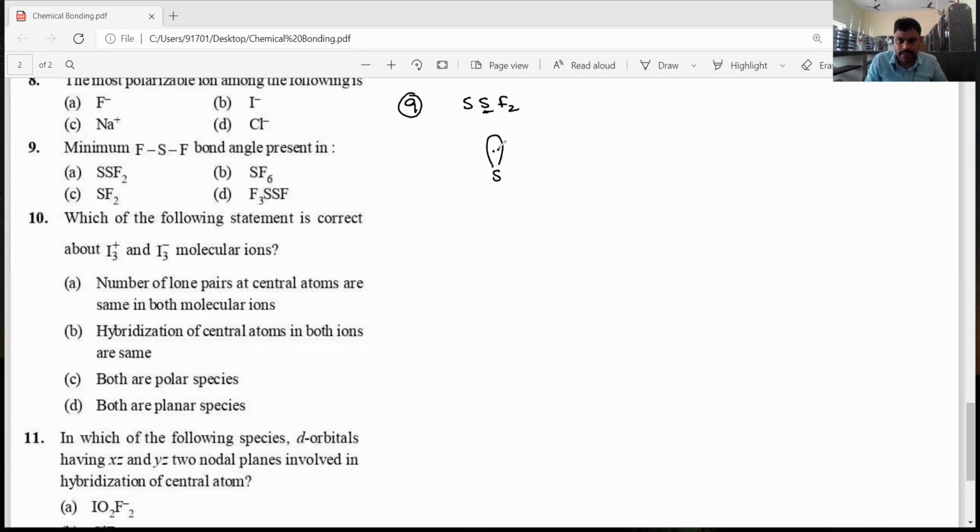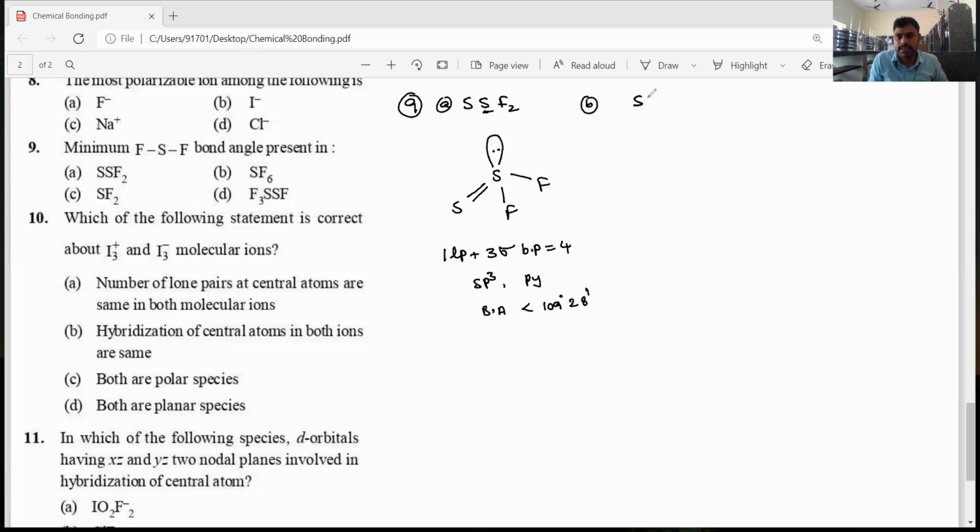The shape looks like this: sulfur and fluorine atoms. So it has 1 lone pair plus 3 sigma bond pairs, total 4, sp3 hybridization and pyramidal shape. The bond angle is less than 109 degrees 28 minutes.